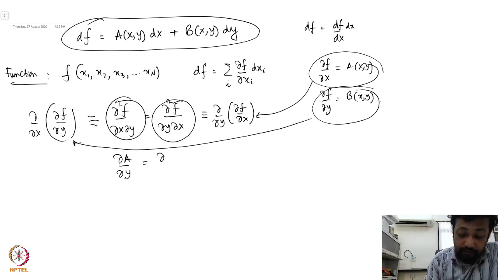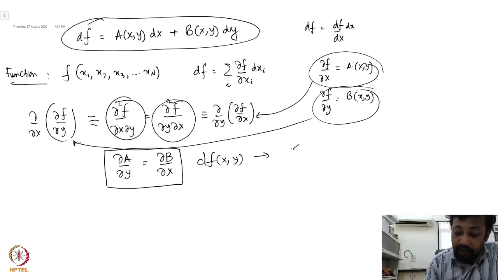Therefore del a by del y must be del b by del x. If this condition is satisfied, then df of xy is an exact differential. If it is not, then it is an inexact differential.